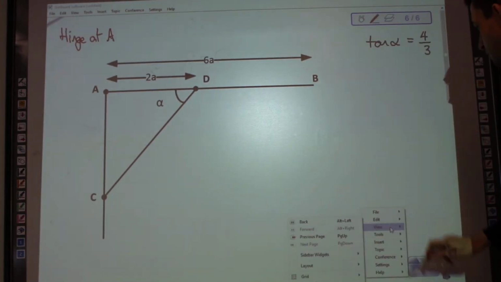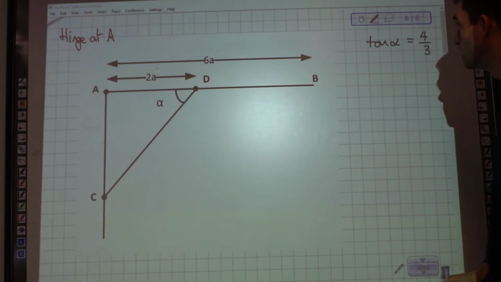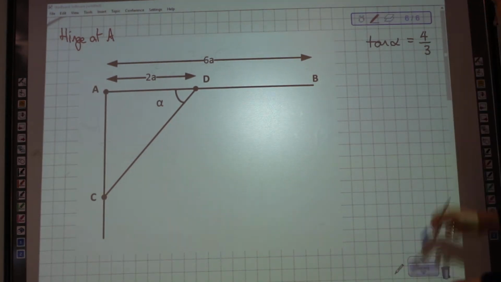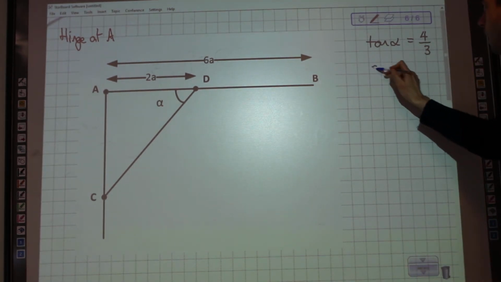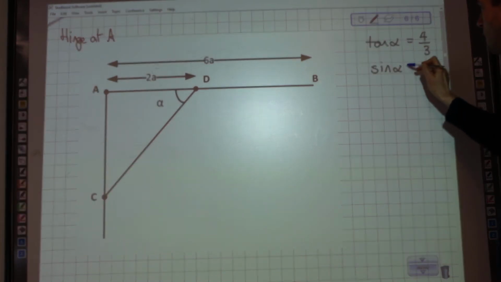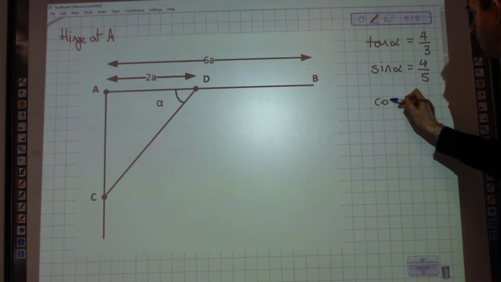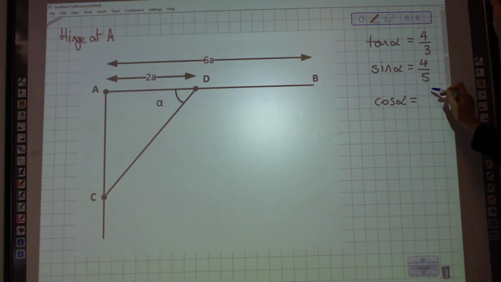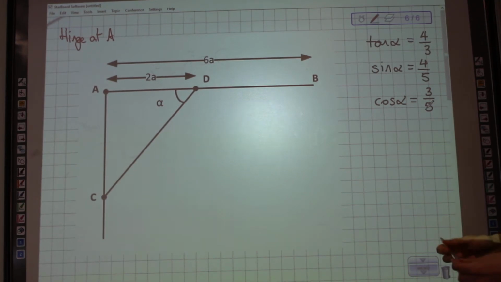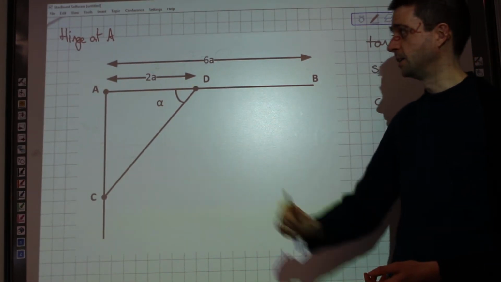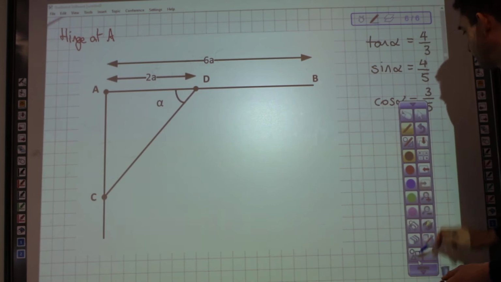I've gone through how to do this in previous videos on connected particles, so I won't go through the whole thing again, but if tan alpha is 4 over 3, we know that sine alpha is 4 over 5, and cos alpha is 3 over 5.